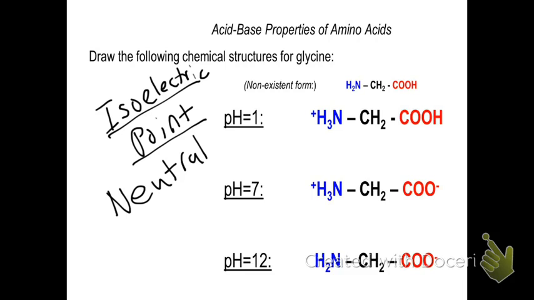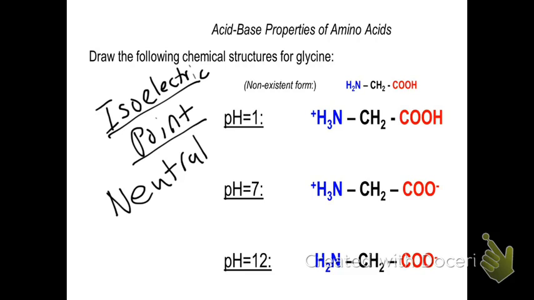Alright? Now, each amino acid has a different isoelectric point. In your data packet, on page 19, or page 17, table 19, if you want to look at that, you will see in the very right-hand column the pH of the isoelectric point. Okay?